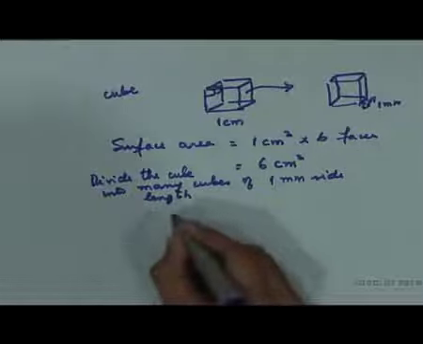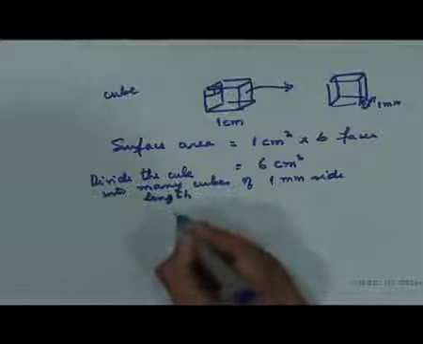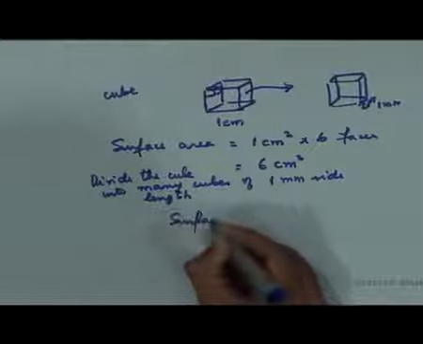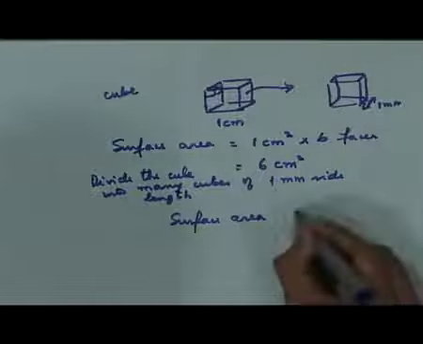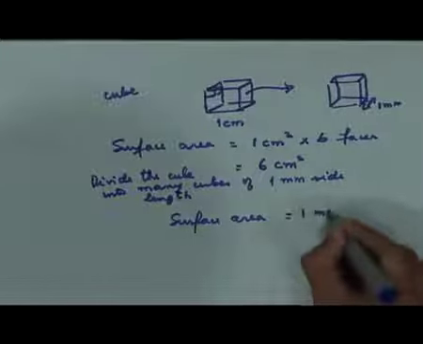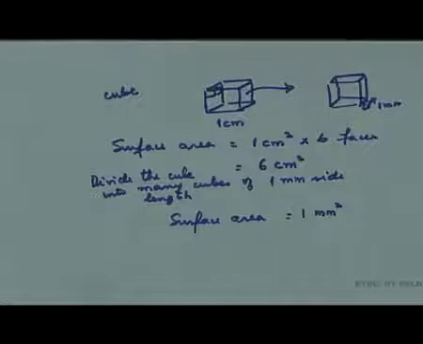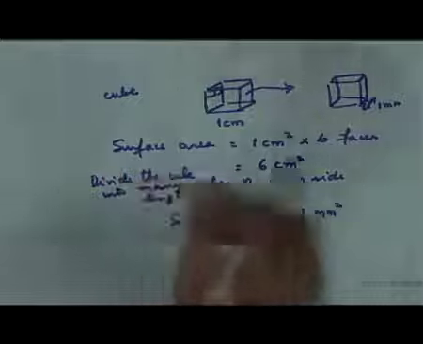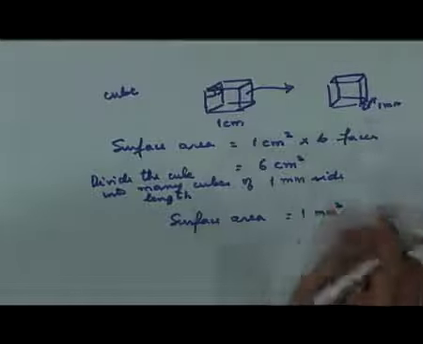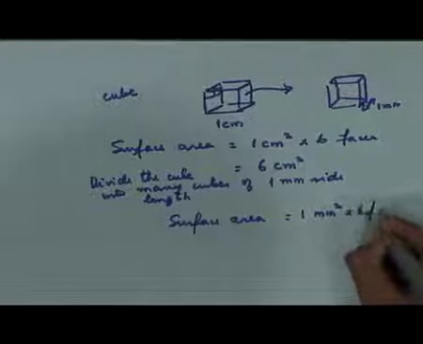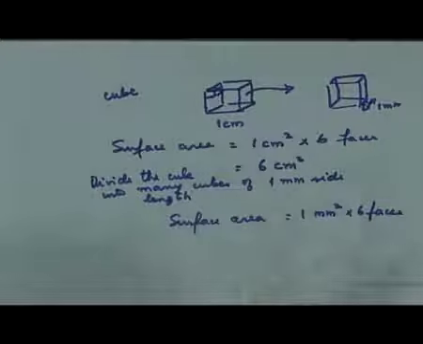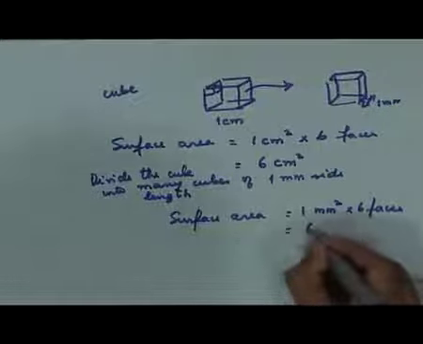Now, if you looked at the surface area of each of the cubes that are formed, it is going to be 1 millimeter square per face, and because I have divided them into 1 millimeter length, I will have 1000 cubes, each with 6 faces. So, each cube has now 6 millimeters square.